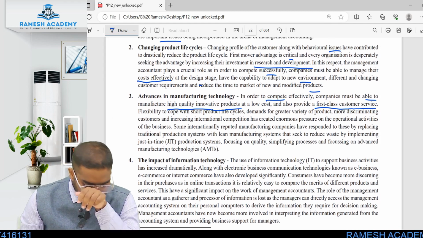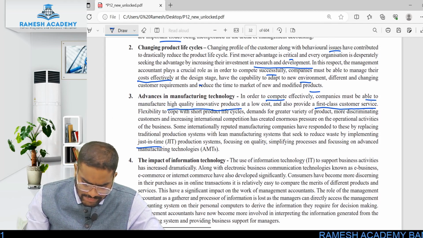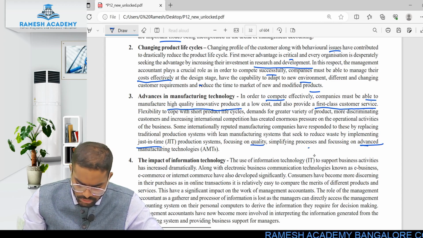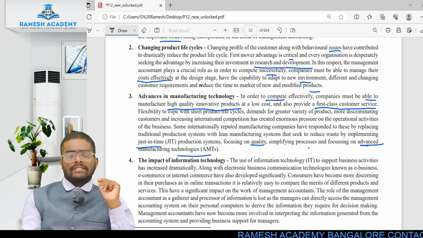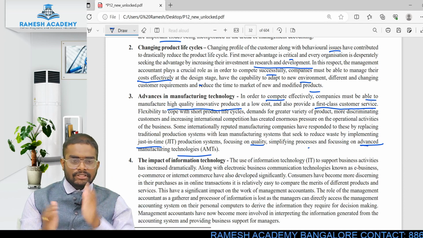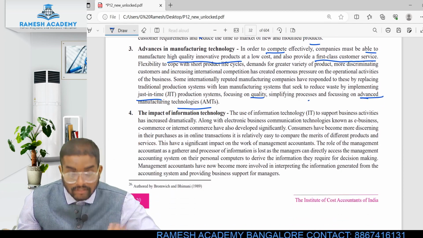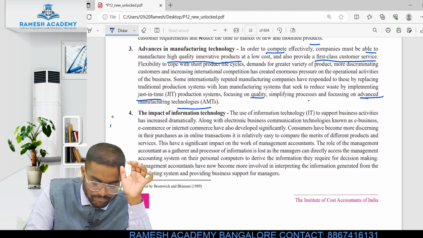Then we have techniques like just in time, focusing on quality, simplifying processes, and focusing on advanced manufacturing technology. Just in time is nothing but purchasing goods when required by the production instead of storing them in the warehouse. Next, the impact of information technology, IT.